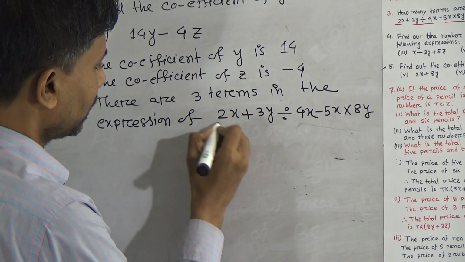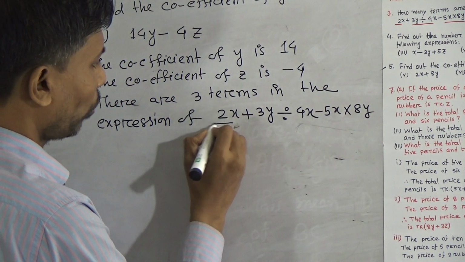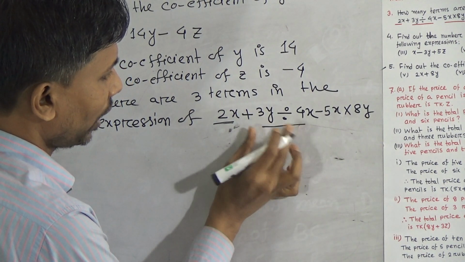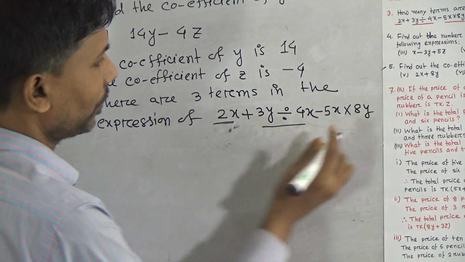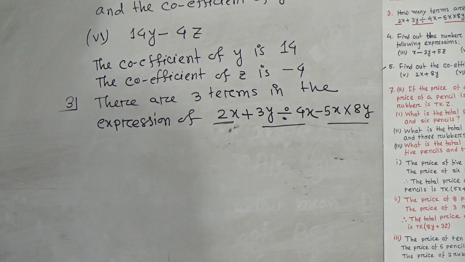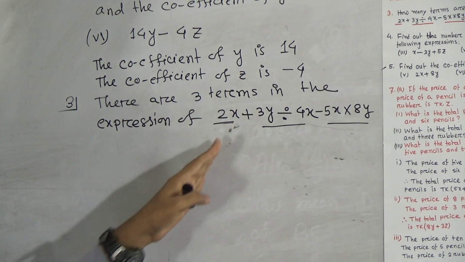Look, this is the expression, this is one term, up to this. That means 3y division 4x up to this is another term, and 5x into 8y is another term. Okay, student? So there are 3 terms in the expression of A.